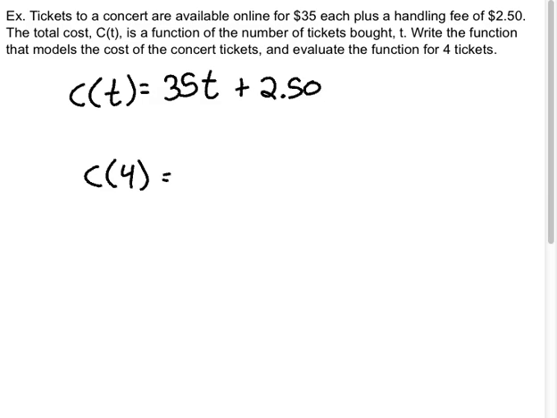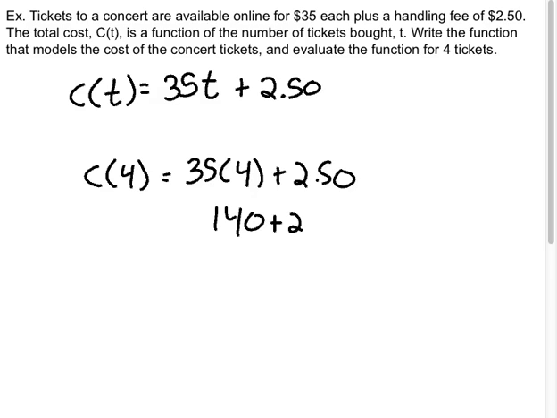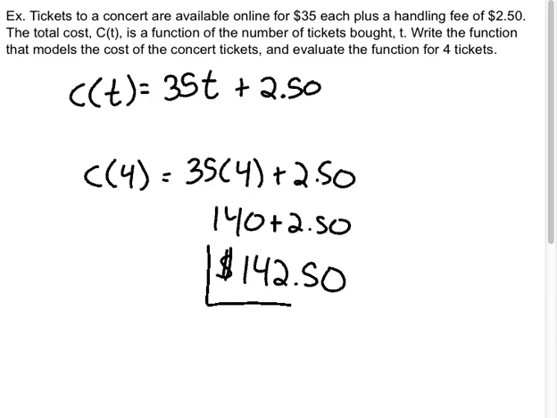What is that cost going to be if I'm buying 4 tickets? All I have to do is plug in 4. So 35 times 4 is 140, plus 2.50. So you're spending $142.50.